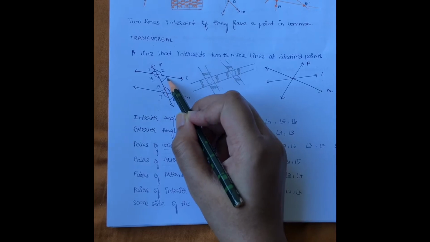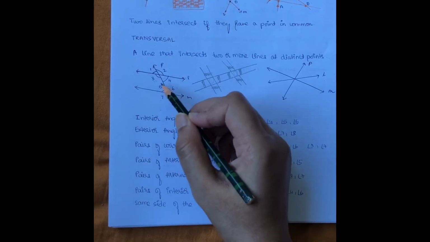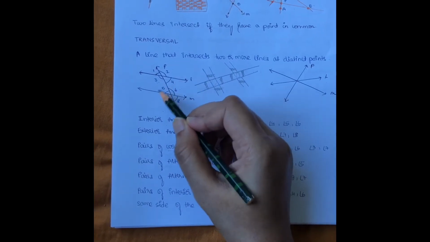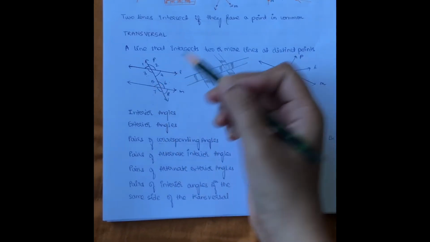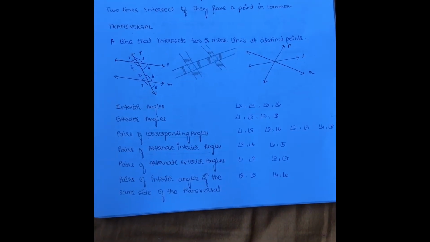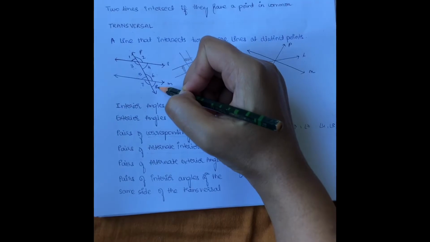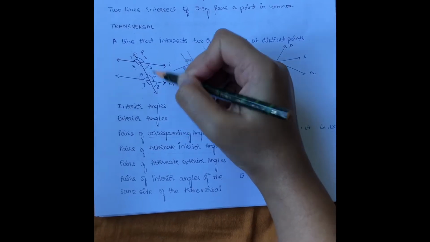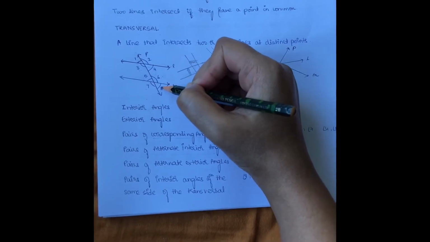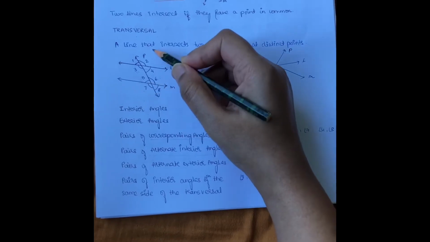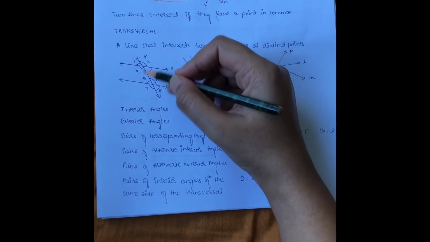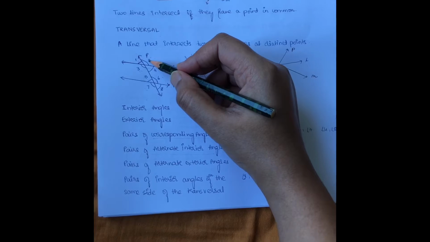Similarly, 5 and 4, which fall on opposite sides, are interior angles, so they are alternate interior angles. Similarly, for exterior angles, 1 and 8 fall on the opposite sides, so they are a pair of alternate exterior angles. 7 and 2 are a pair of alternate exterior angles.